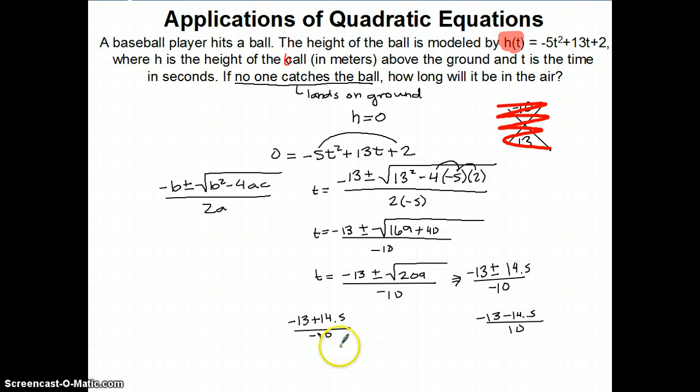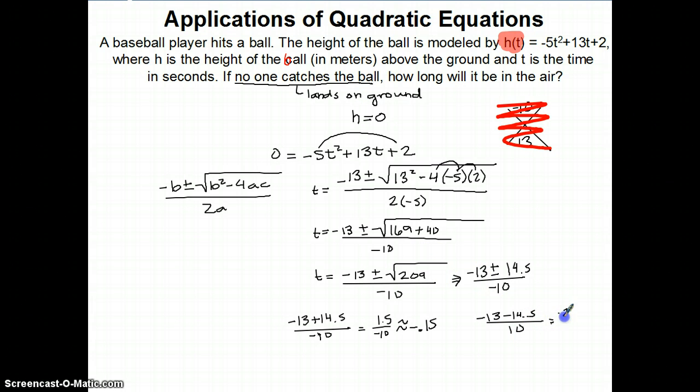So negative 13 plus 14.5 gives me about 1.5 divided by negative 10, which is going to be about negative 0.15. To the right, when I add 14.5 with 13, I get 27.5, and that is negative.